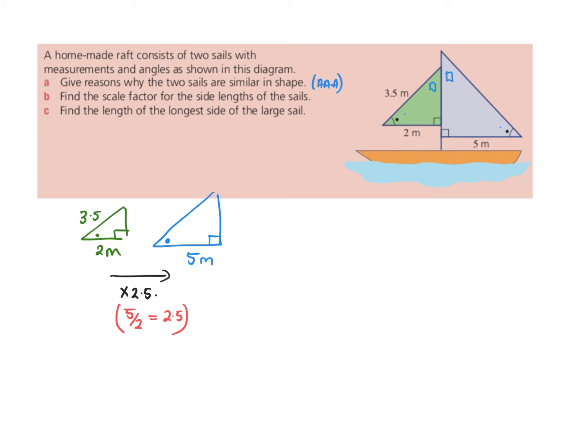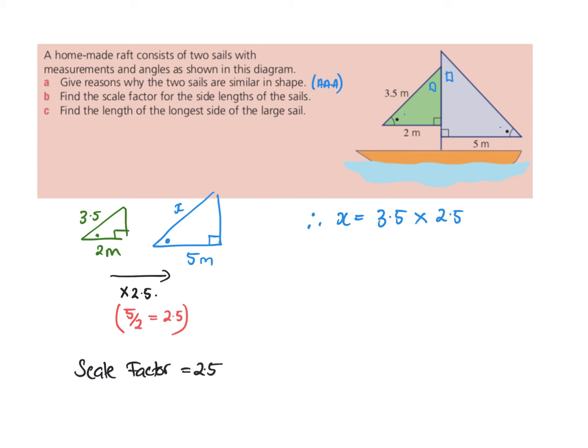So we might just write scale factor equals 2.5. So therefore, find the length of the large sail. So they want to find this. So therefore, x will equal the 3.5 times the scale factor.